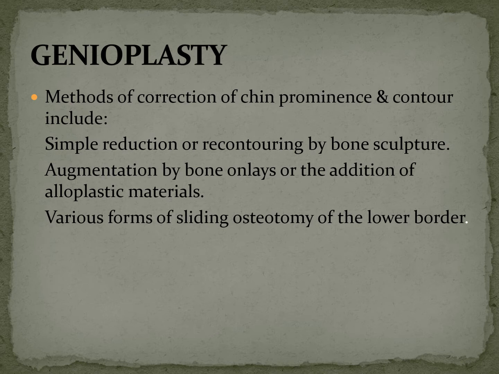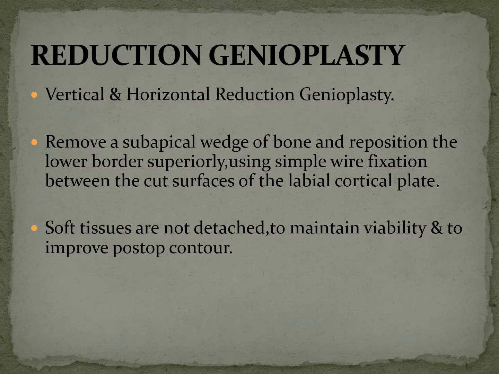So what do you mean by genioplasty? Genioplasty is the method of correction of the chin prominence, and the methods contain simple reduction or recontouring by bone sculpture, augmentation by bone onlays or the addition of alloplastic materials, various forms of sliding osteotomy on the lower border. Reduction: genioplastic reduction has two types, vertical and horizontal reduction.